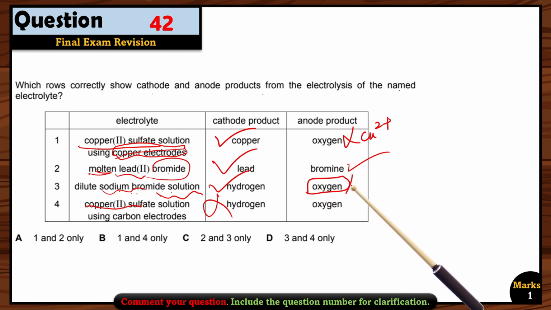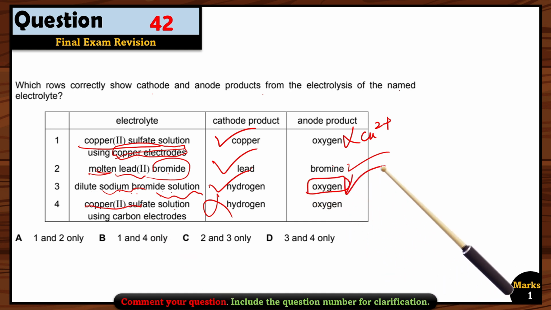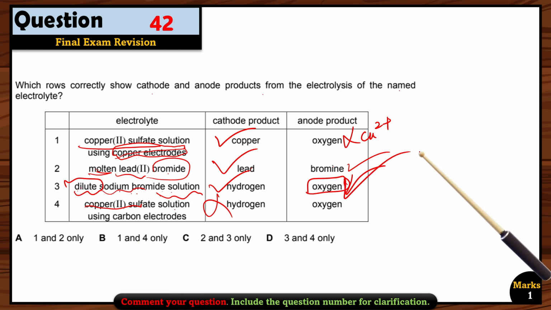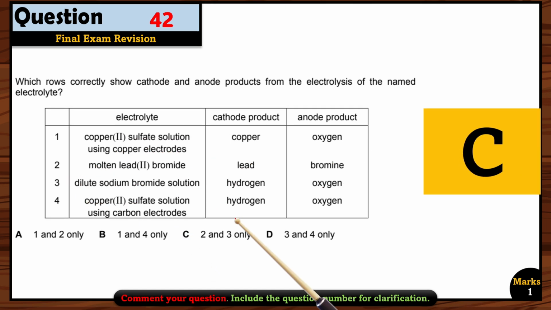But there is also a chance to get bromine. Because this is dilute, oxygen is the best option you will have, because in dilute solutions you are always going to get oxygen at the anode, except sometimes it's bromine. If there is a concentrated bromide solution, then you can also get bromine, but this option is also right. So options 2 and 3 are the only right ones, that is C. So C is the correct option.